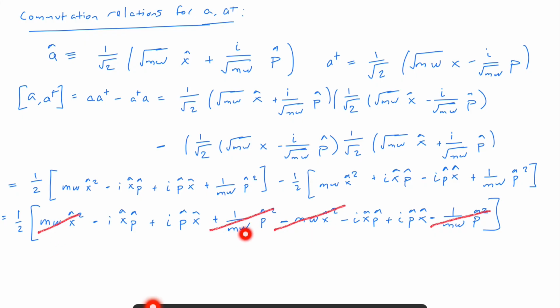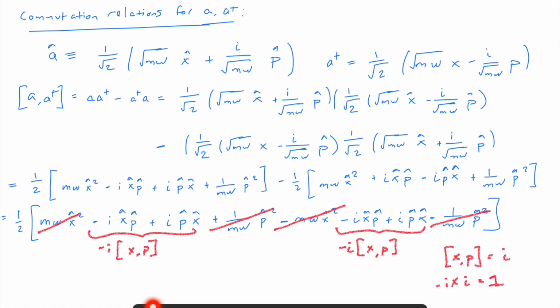This factor for p squared will cancel this factor for p squared. And we're just left with these 4 terms. We can then re-express this by factoring out a minus i, and then xp minus px, which is really nothing but the commutator expressed here. And we could do the same thing right over here. So that's what we get left with.